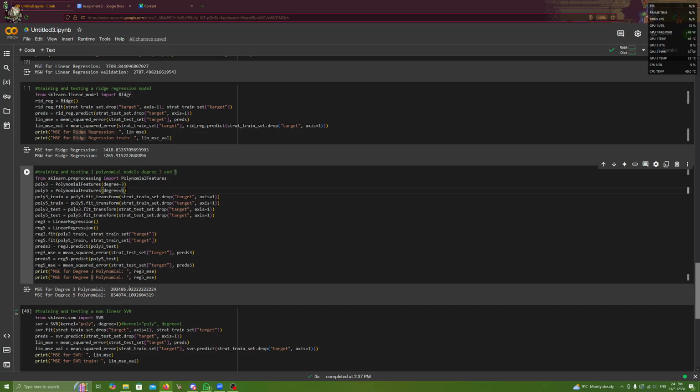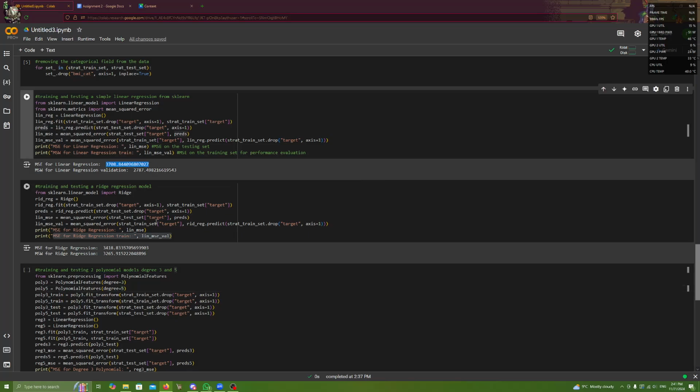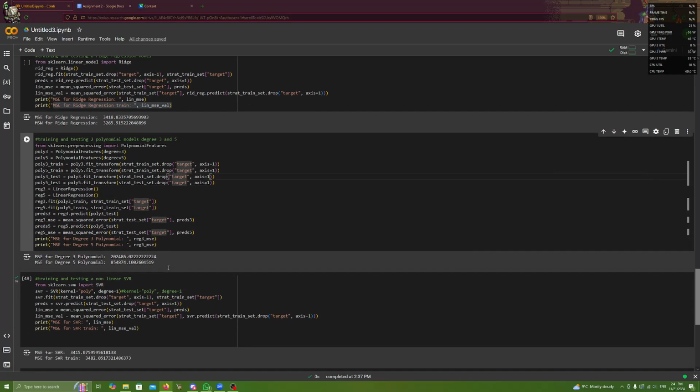And so I don't actually have the mean squared error for the training data, just because you can see that the model by design is overfitting. I have tested out a few of these values, and degree 1 has the best performance. That is, I think, exactly the same as just the linear regression, which again makes sense.